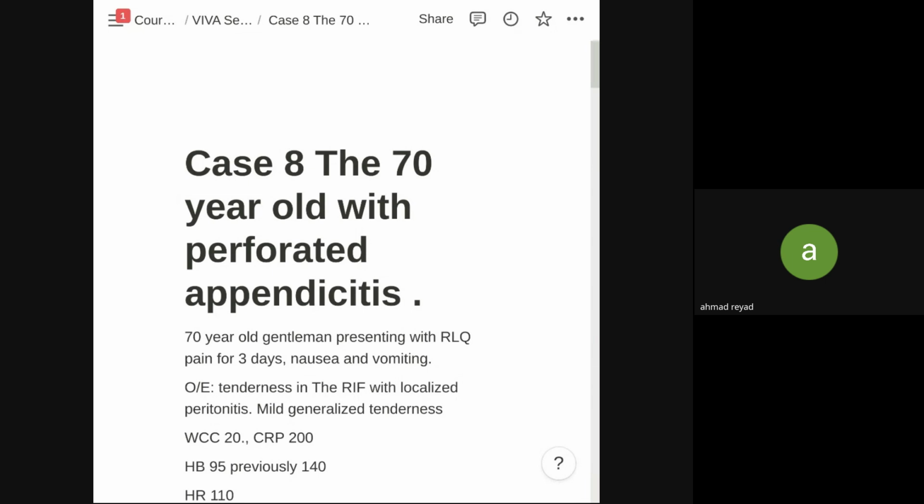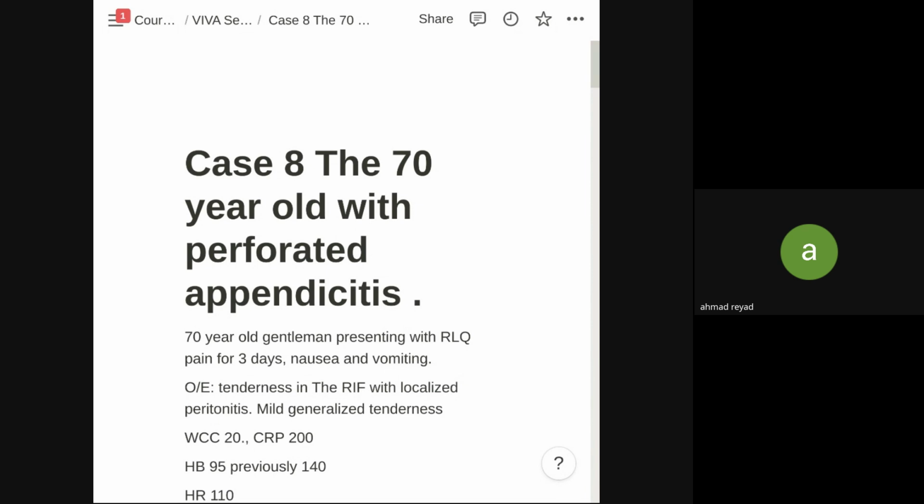Examination-wise, I would examine his abdomen, looking for tenderness and fullness in this area, maybe even a PR is required, and also any signs of hepatomegaly.